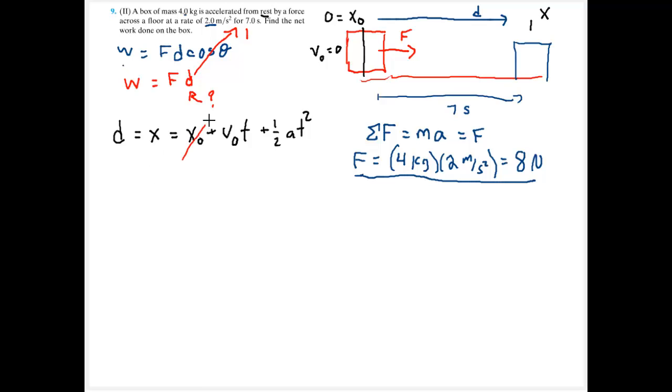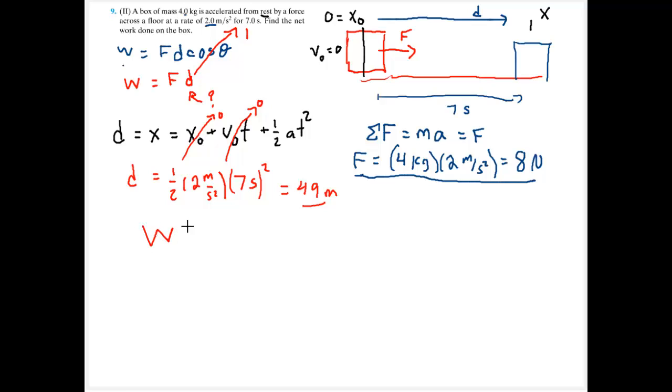And let's see, my initial position, I chose that to be equal to 0. My initial velocity, it started from rest. So at the end of the day, my distance is going to be equal to 1/2 times the acceleration, which was 2 meters per second squared, and this guy went for 7 seconds, quantity squared. My distance is going to be 49 meters.